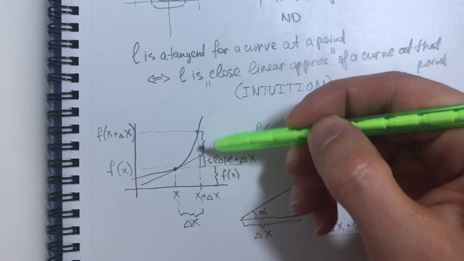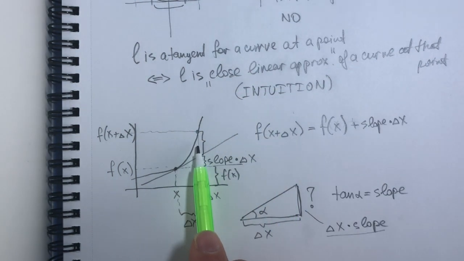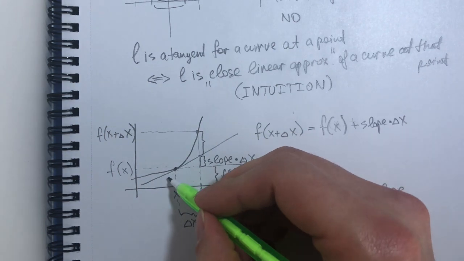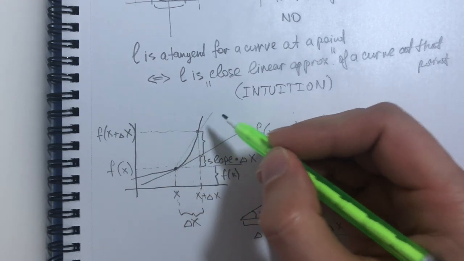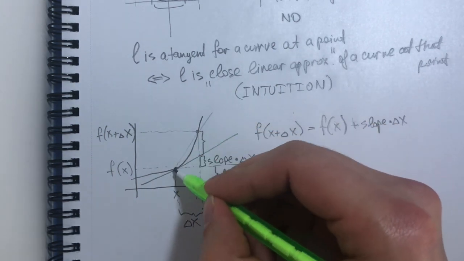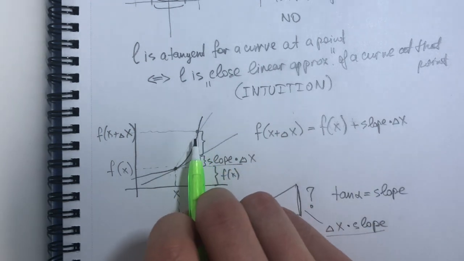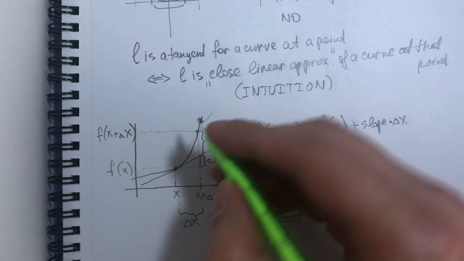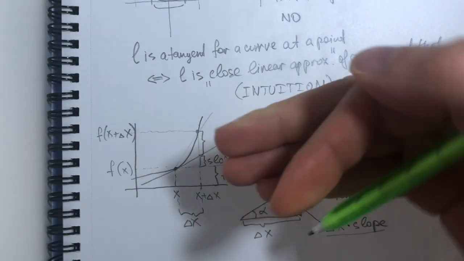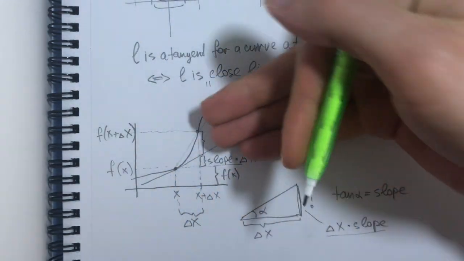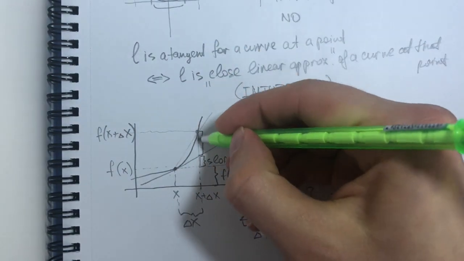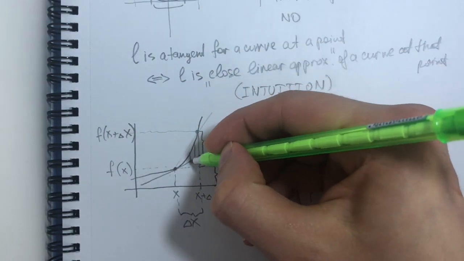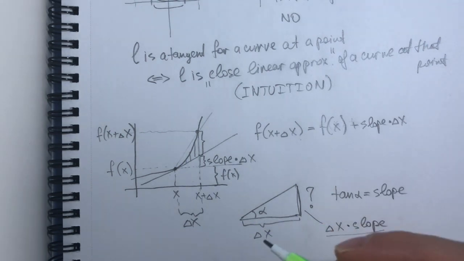But this guy above decreases faster, right? Because if I had a straight line here, and this was my f, then it would also decrease linearly with delta x. But we have a curve, and the curve, in some sense, forces this increment to decrease faster than delta x does.